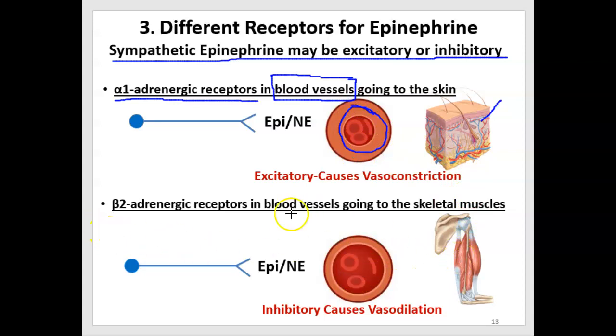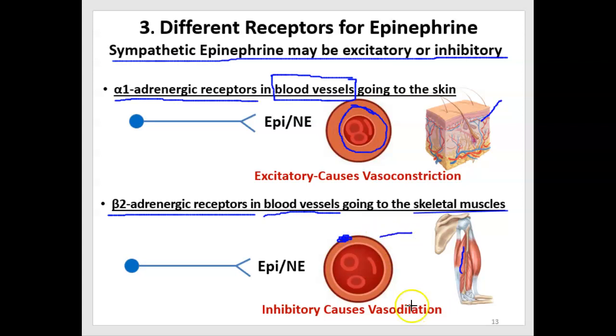If we think about the blood vessels supplying blood to the skeletal muscles, they have different receptors. Those are called beta adrenergic receptors. Now, when epinephrine from the sympathetic nervous system finds these blood vessels and binds to the receptor, you have inhibition.